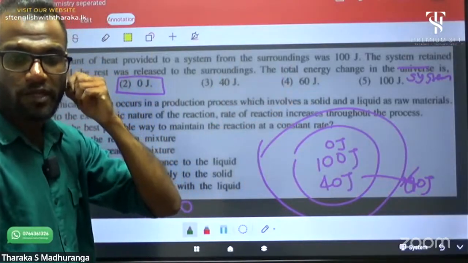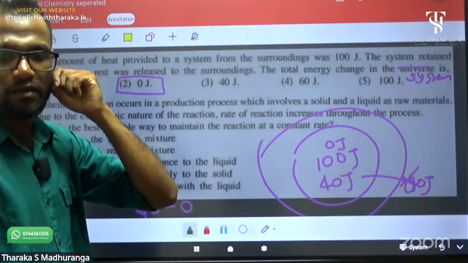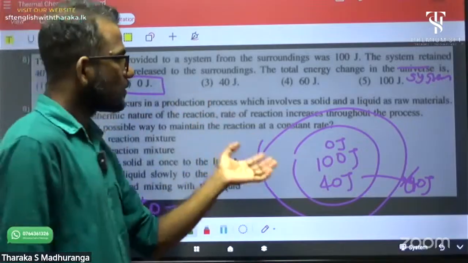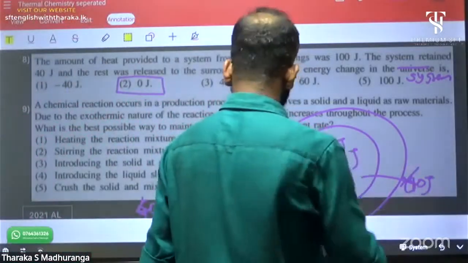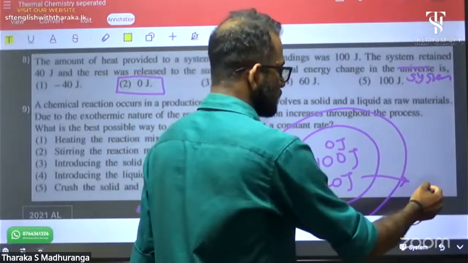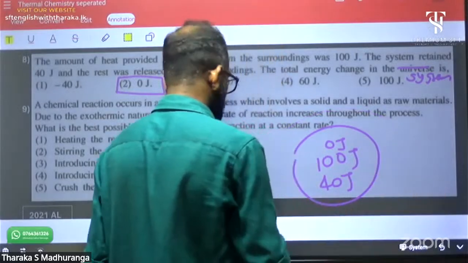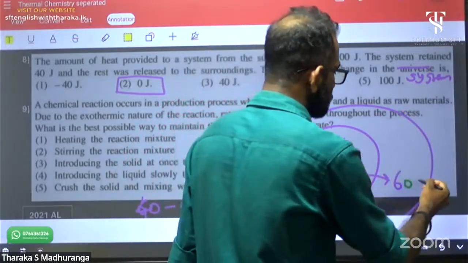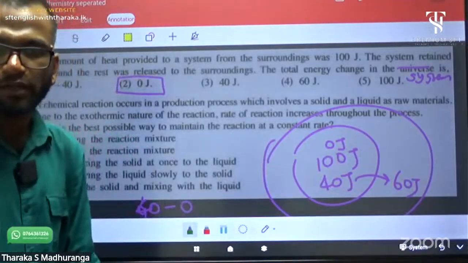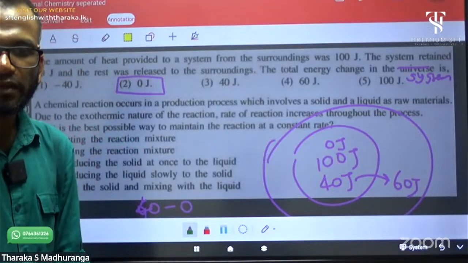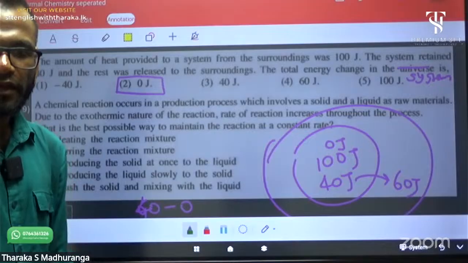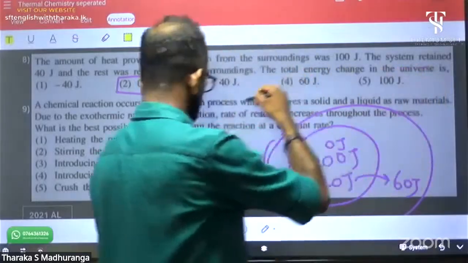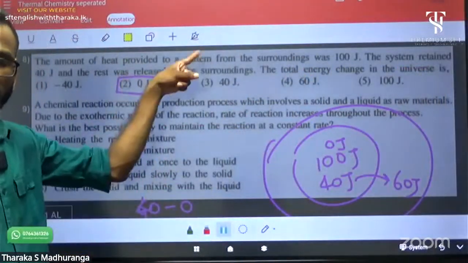You met what I want to explain? It's released to the surrounding. This is the universe. 60 joules released to the environment, the surrounding.